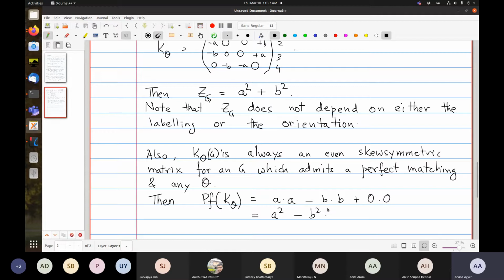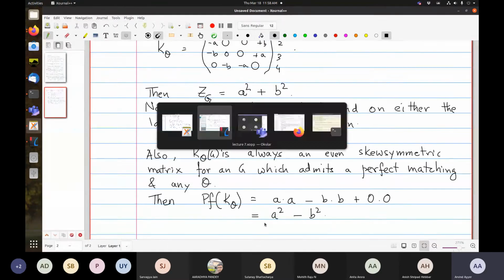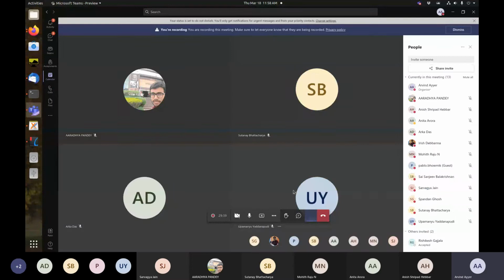So something nice has happened, that we have gotten all the terms in the dimer configuration. The A squared here is this A squared, and this B squared is this B squared. Is this a coincidence? What do you think? Anybody?